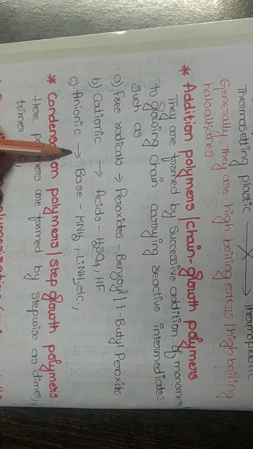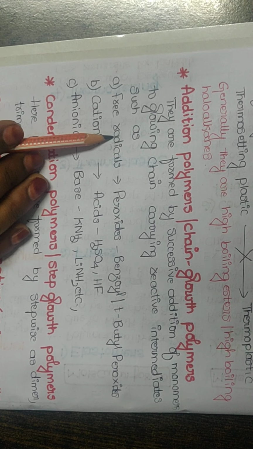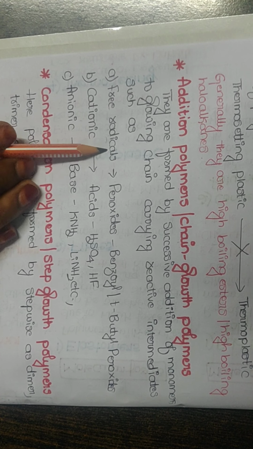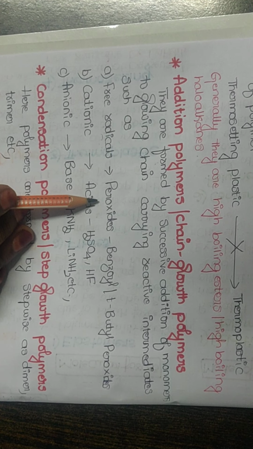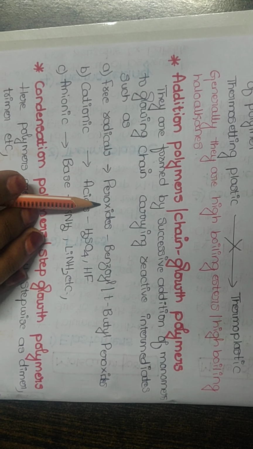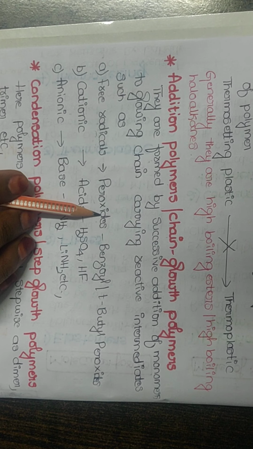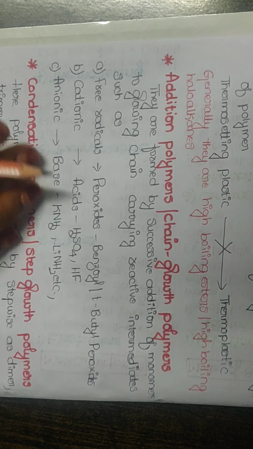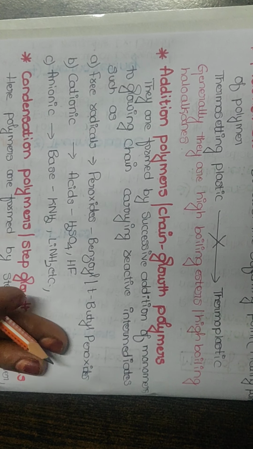So here, how to get a free radical? I hope you know that free radicals are obtained by homolytic cleavage. And here we have to add free radical generators such as peroxides. To name specifically, you can add benzoyl peroxide, tertiary butyl peroxide, etc.